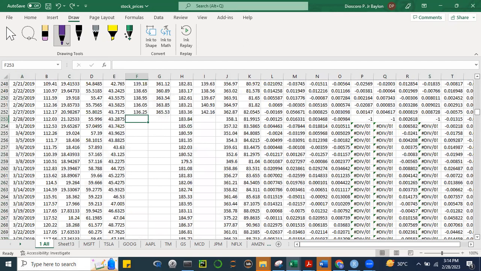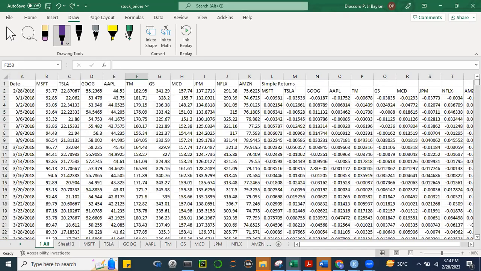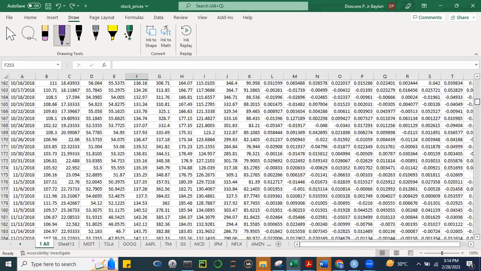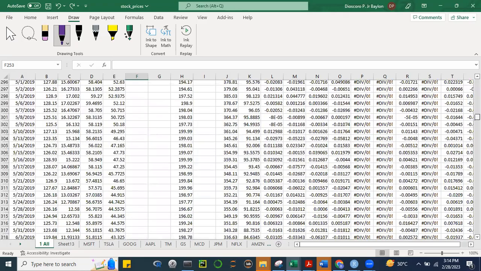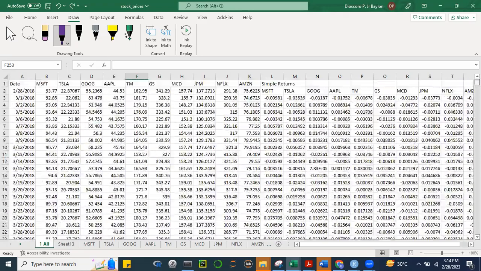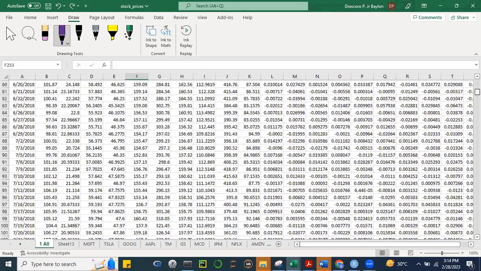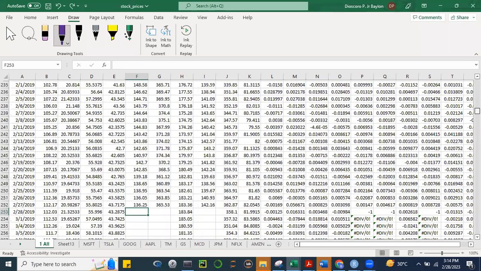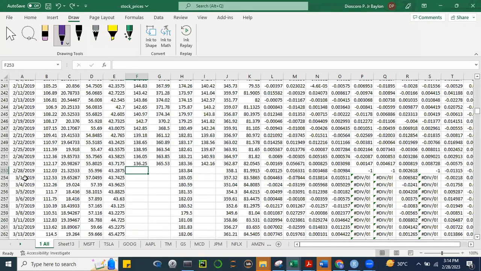Apple, none. Why? Is that Apple? 2019. Toyota? Possible. Okay, what happened here?